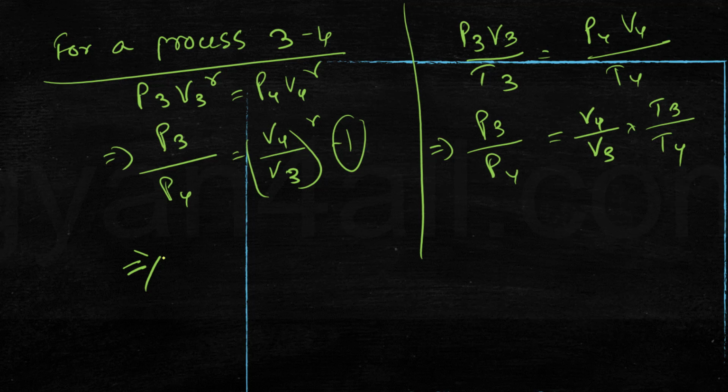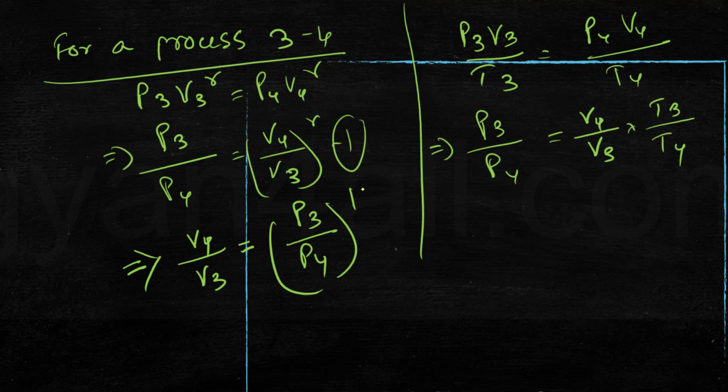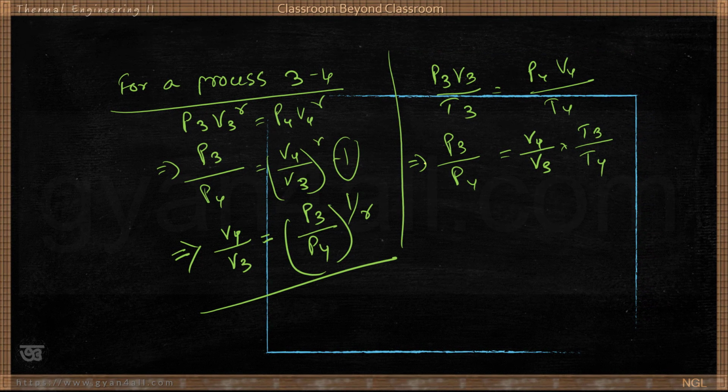From this directly we can write V4 divided by V3 is equal to P3 divided by P4 all to the power 1 by gamma. Say this is equation 2.